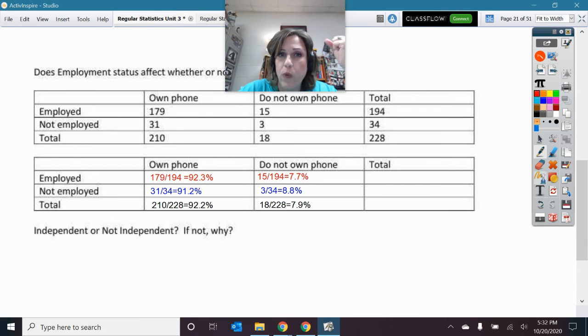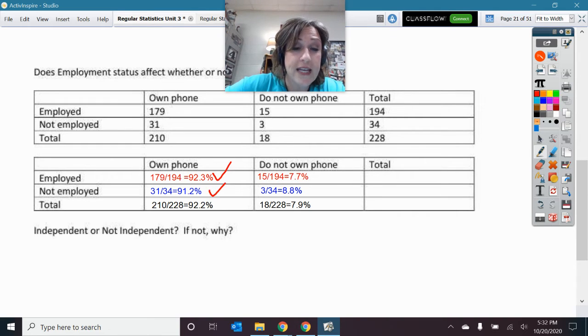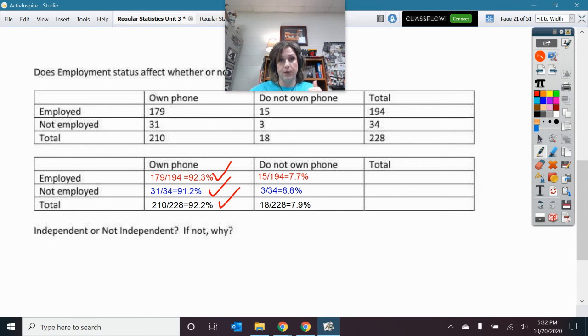Whatever the denominator is, that affects what the decimal points go to. So this is as close as it could possibly get in this particular situation with these denominators. So yes, they are within 1 percentage point. Employed and not employed people own a phone at the same rate as overall. So there we go. Let's look at the other one, just to make sure.